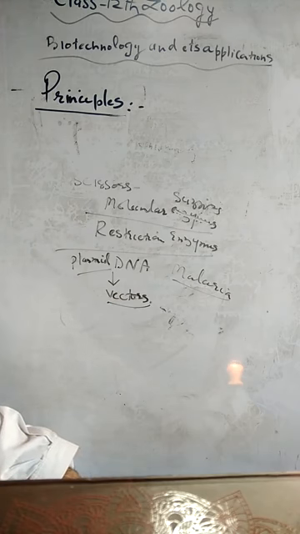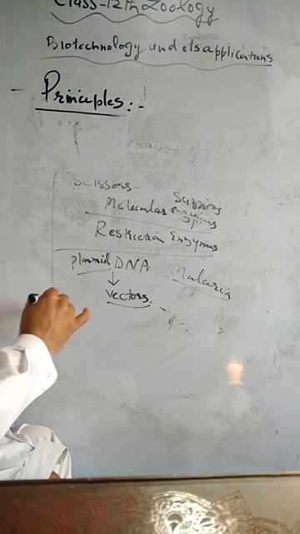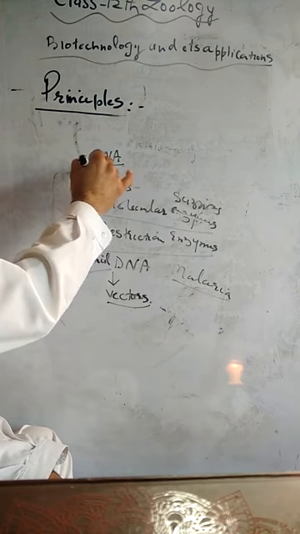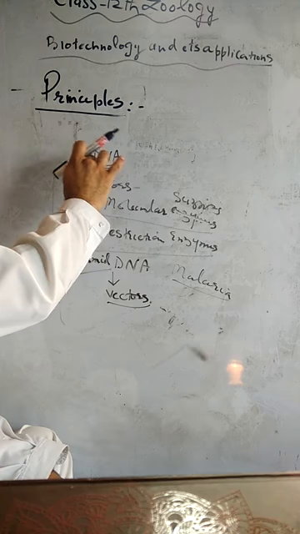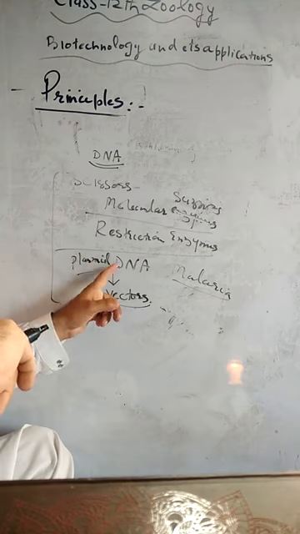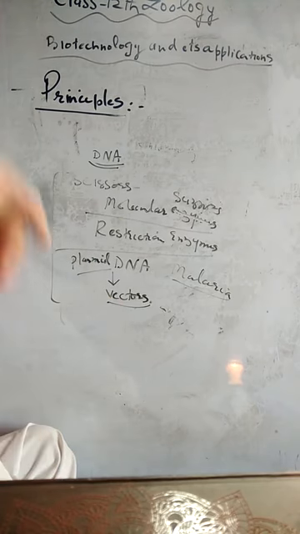In the same way, a plasmid can be used as a vector to deliver an alien piece of DNA into the host organism. Alien means a strange piece of DNA that is joined with this plasmid DNA and then incorporated into a desired host cell.